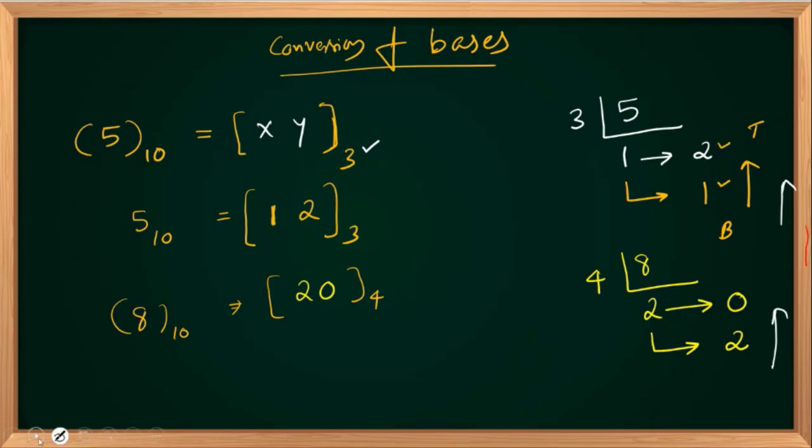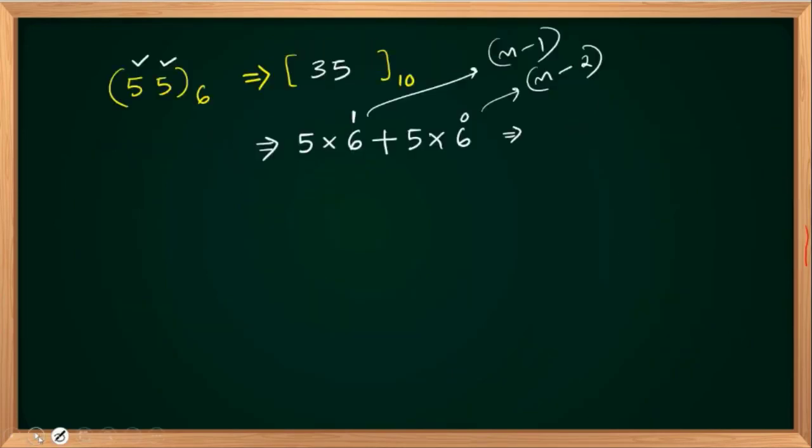Okay, suppose you are having n number of digits in, let us say, base r. We are having digits A, B, C, etc., n digits, and the number is in base, let us say, base r, right?